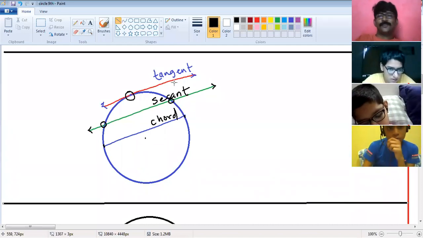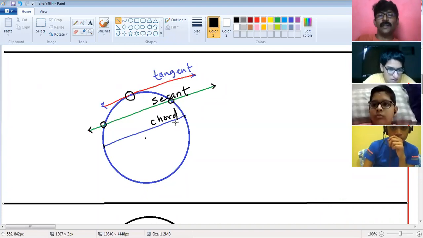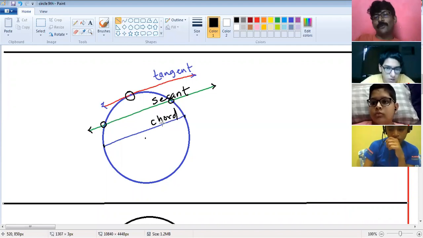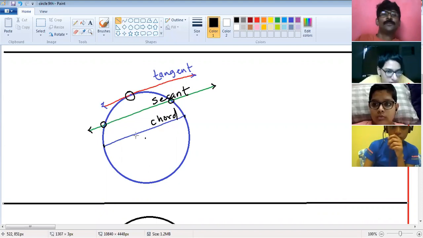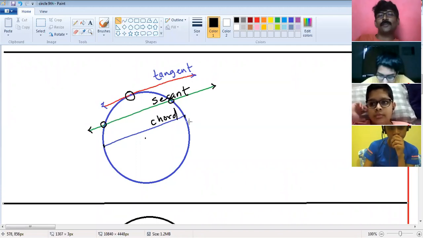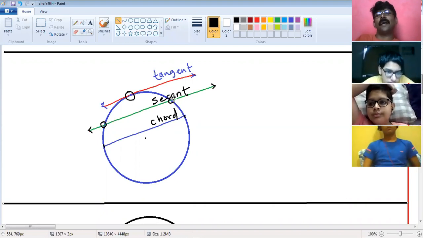Okay, so guys, we will now learn what exactly is tangent, what is secant, and what is chord. We have already seen chord in the video above. Chord is a line segment joining any 2 points on the circumference, isn't it? Now what is the difference between the tangent and secant?